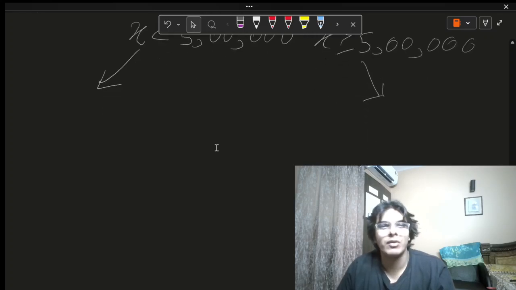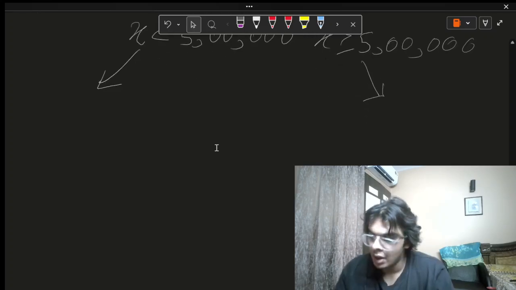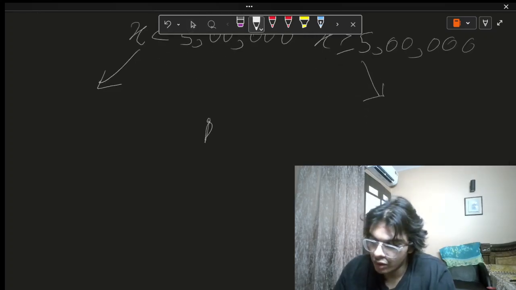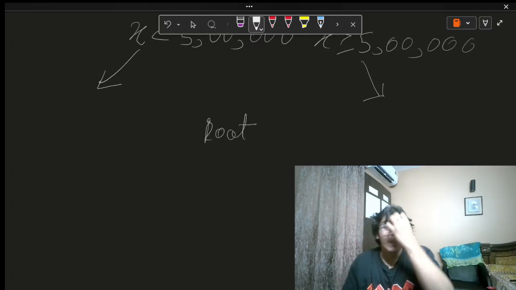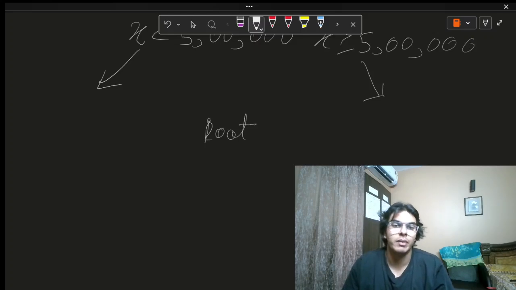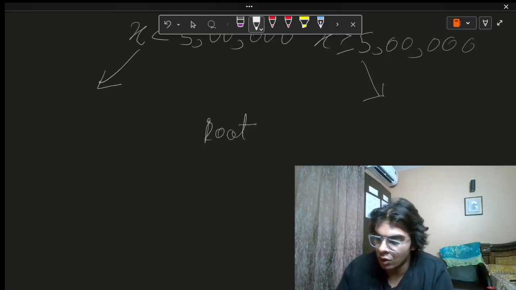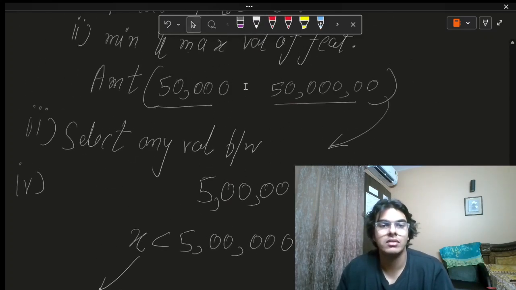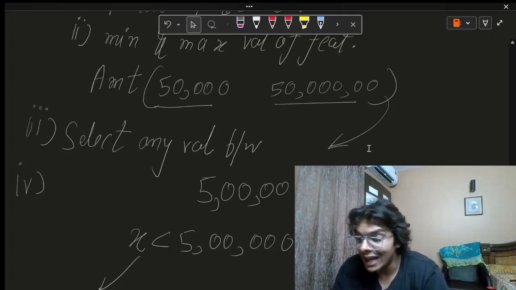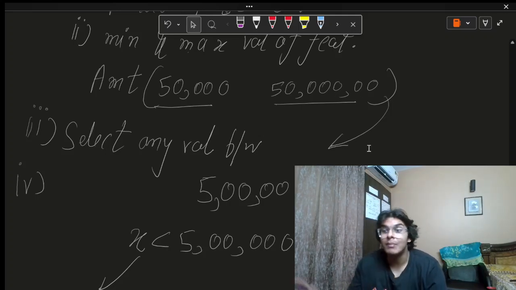Now if you want to visualize this in tree form, let's say this is the root node of the tree. This is the feature that is going to be used to create the splits, which we assumed to be amount. You take the maximum and minimum value of amount, which is let's say 50,000 and 50 lakh. Now the model selects any value between these randomly.